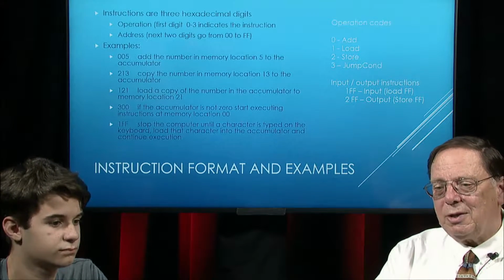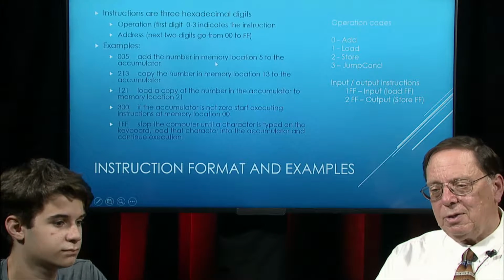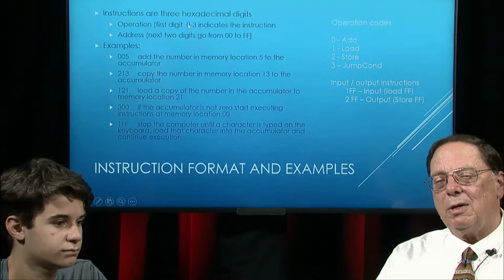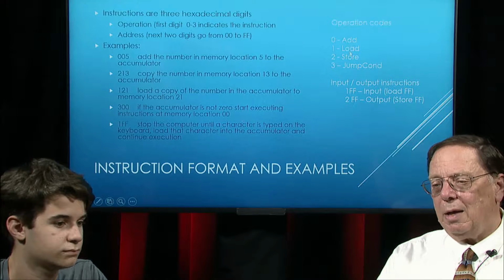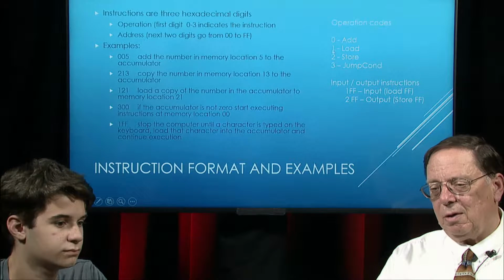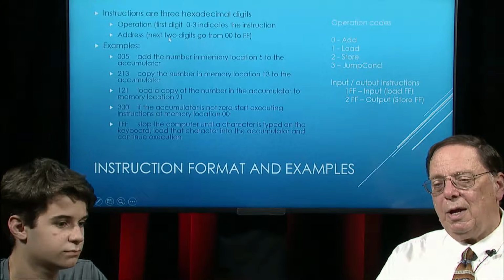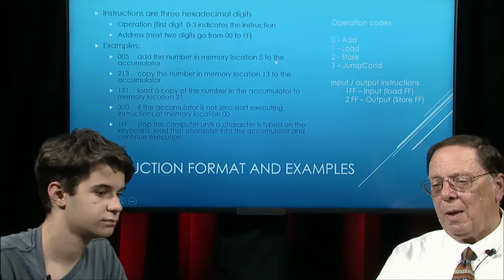Instructions are 3 hexadecimal digits. The operation is the first digit, and it's a 0 to 3, indicating whether it's an add, load, store, or jump. So those are the options for the first character in the instruction. The next 2 digits go from 00 to FF.